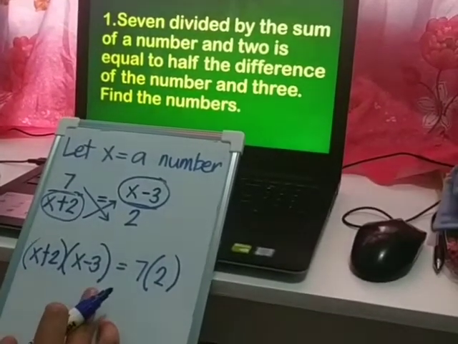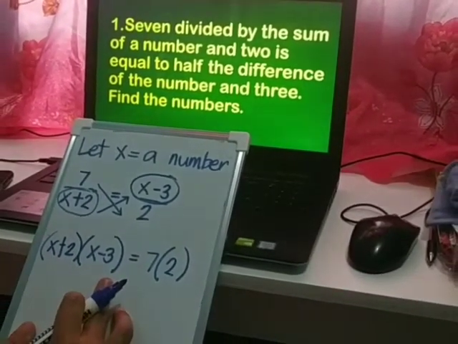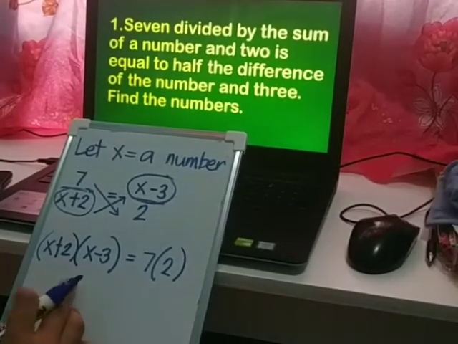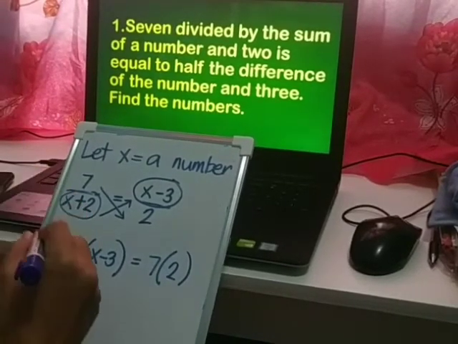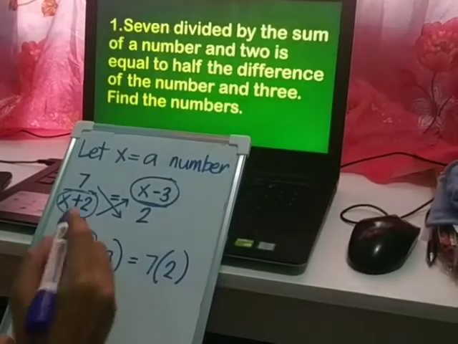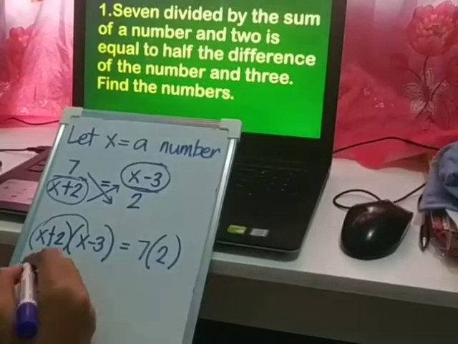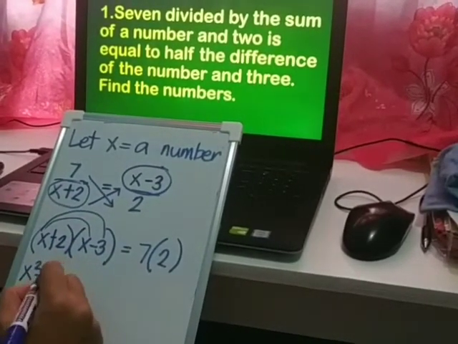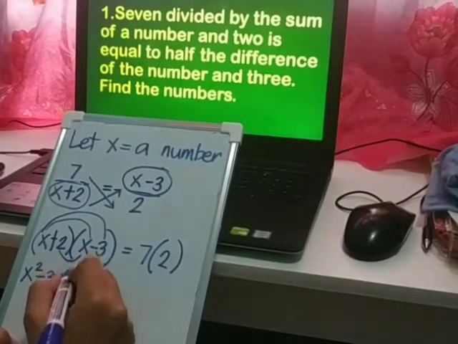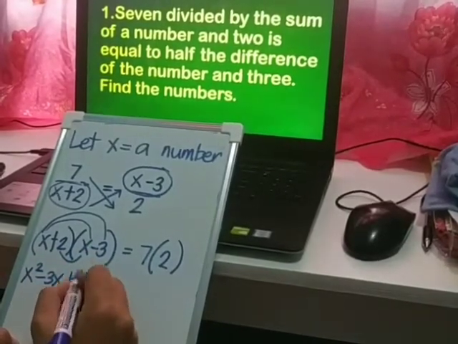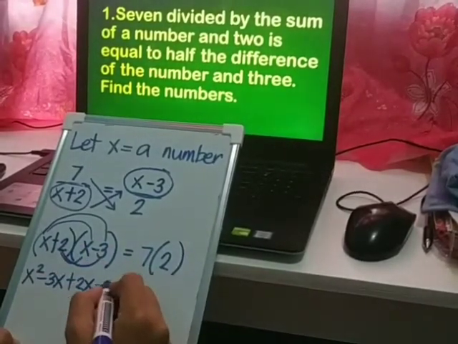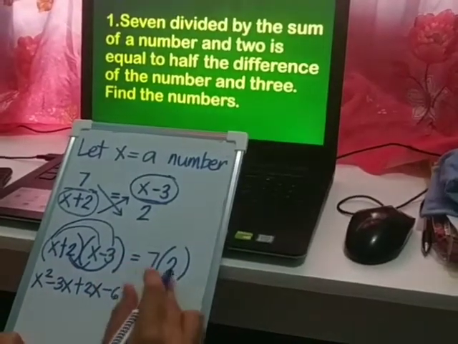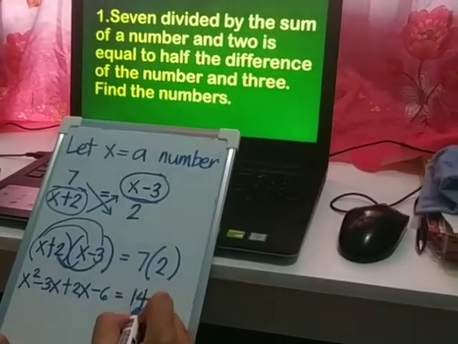Having this, we have to do the box method or the FOIL method. FOIL method, first term, x times x, x squared. x times negative 3, that's negative 3x. 2 times x, that's 2x. 2 times negative 3, negative 6 equals 7 times 2, that's 14.